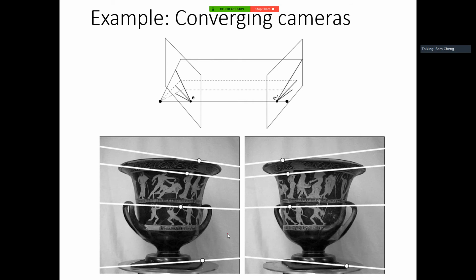For the left image, the epipole should converge very far away, outside the boundary of the view. For the image on the right, also, if you continue to draw this line here, it should converge somewhere very far away. So this is a setup we had earlier. Any questions?